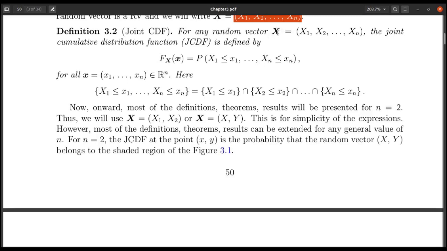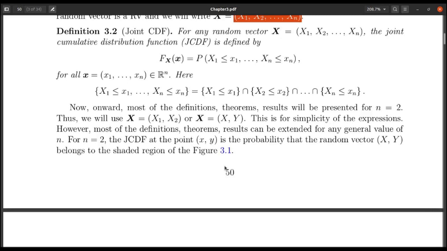Again, recall the definition of the CDF of a random variable: the CDF of the random variable capital X at the point small x is the probability that capital X is less than or equal to small x. We just generalize this definition for the random vector.